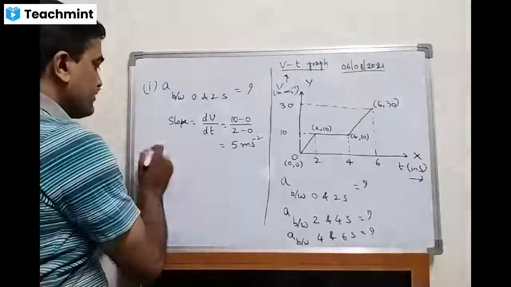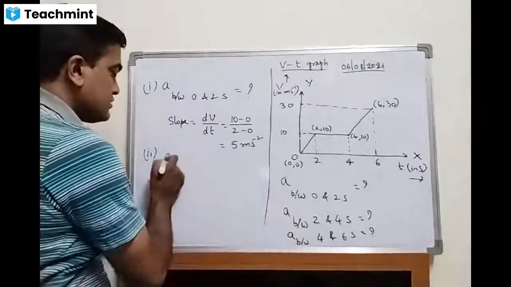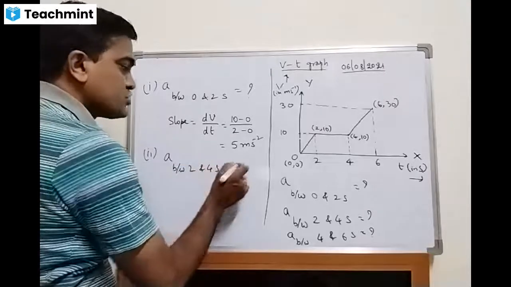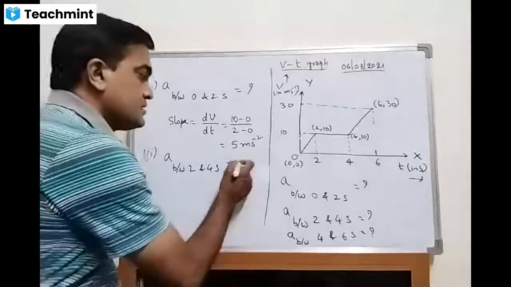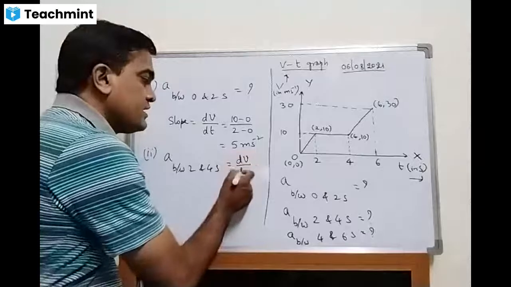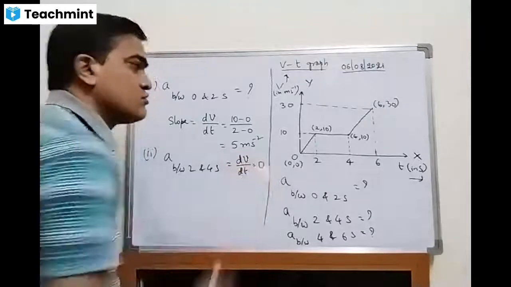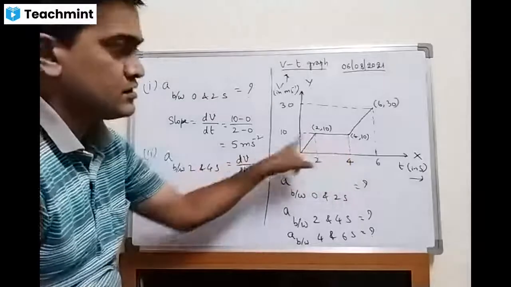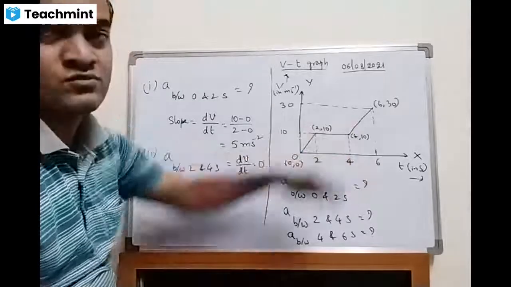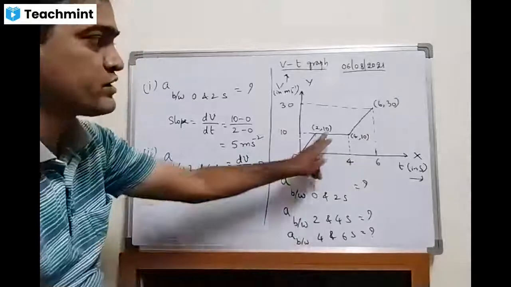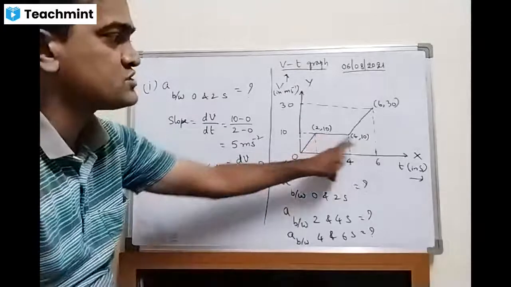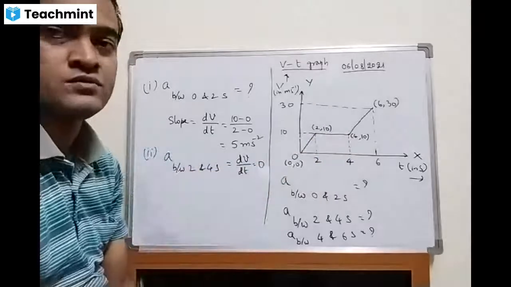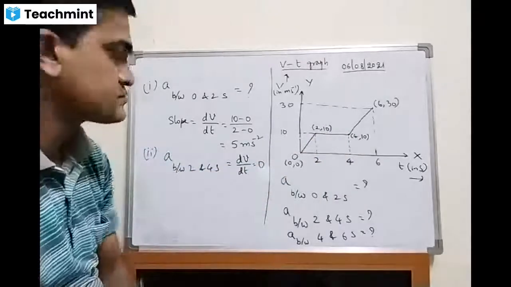Second one, if I ask you the acceleration between 2 and 4 seconds, what should be the answer? 0. dv by dt is equal to 0. Why? There is no change in velocity. It is parallel to the t-axis, and you can see the y coordinate is not changing. y2 minus y1, 10 minus 10, becomes 0. So dv is 0.